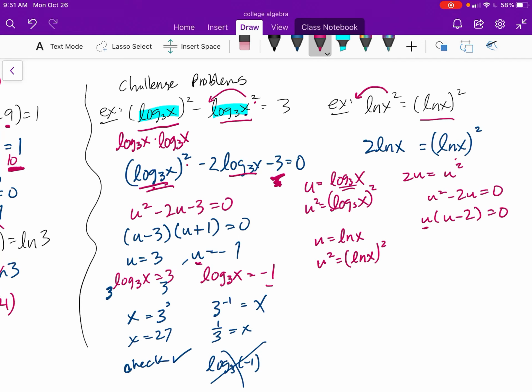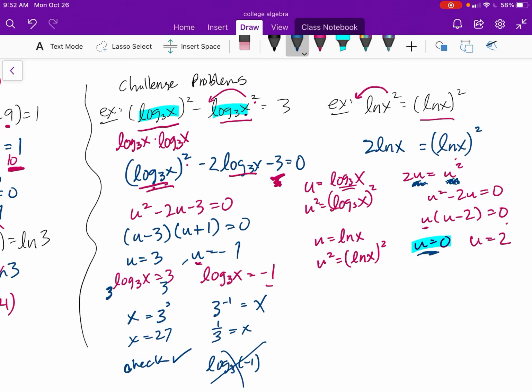So therefore u equals 0, or u equals 2. Many people fail to remember that. I see at this step people trying to divide by u, but notice if you divide by u, you just have u equals 2, and you're missing the solution here. So be careful of how you solve these equations. You don't want to forget about 0. That can be a solution.